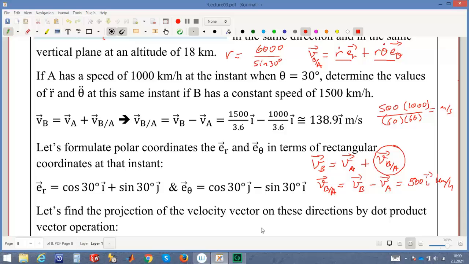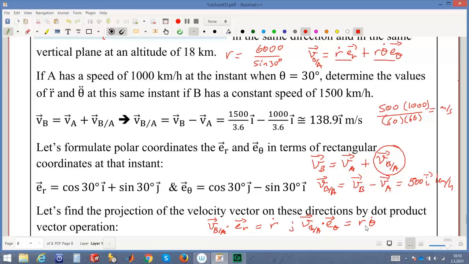So what you need to do is BA vector dot product ER would give you the information about R dot. Similar to that, the BA relative velocity vector dot product E theta is the projection of this relative velocity vector along the E theta direction, and that would be equal to R theta dot.